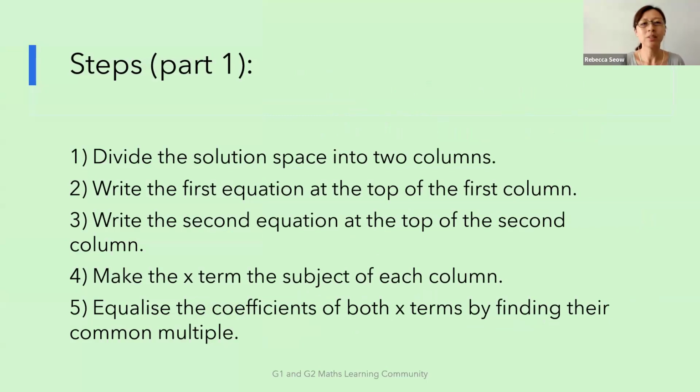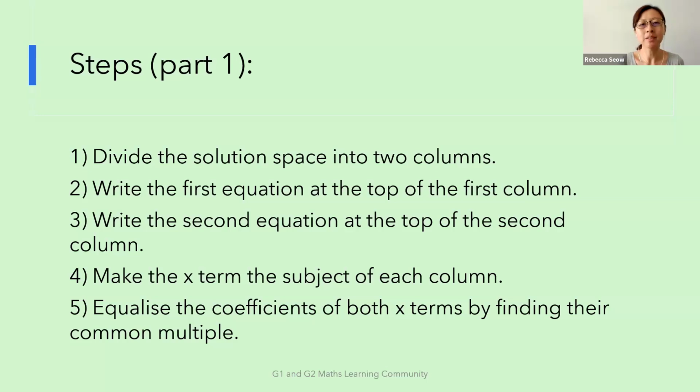So number one, when we receive a question containing the two equations to be solved simultaneously, we divide the solution space into two columns. 2. Write the first equation at the top of the first column. 3. Write the second equation at the top of the second column. 4.